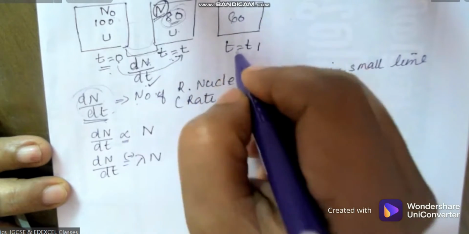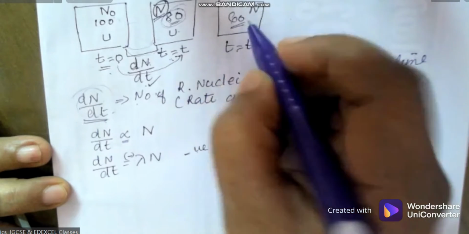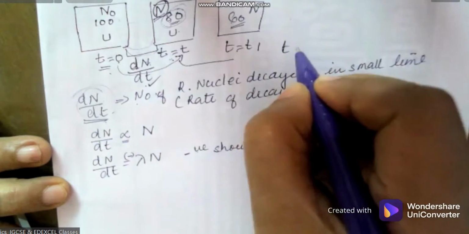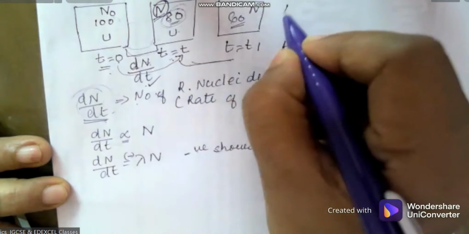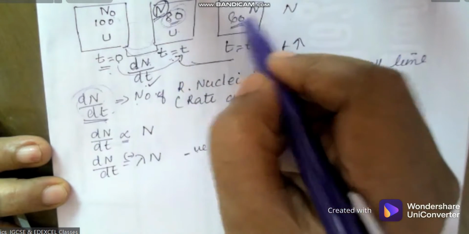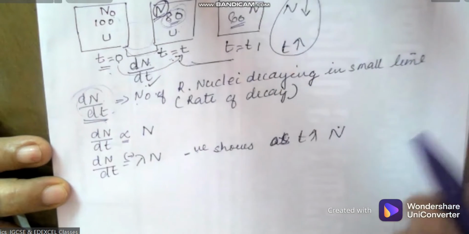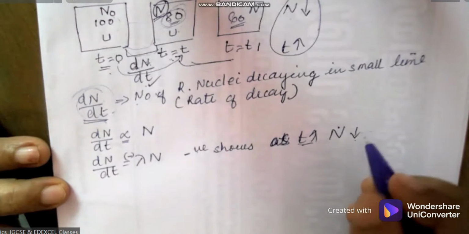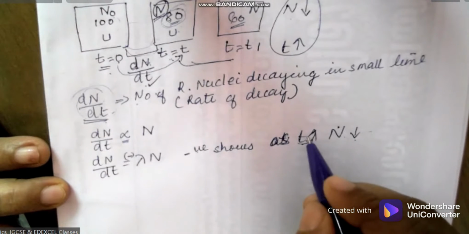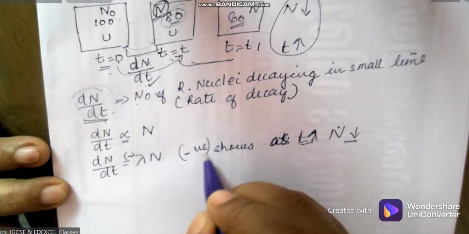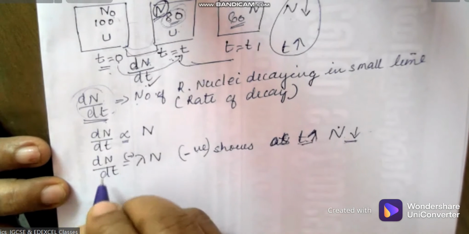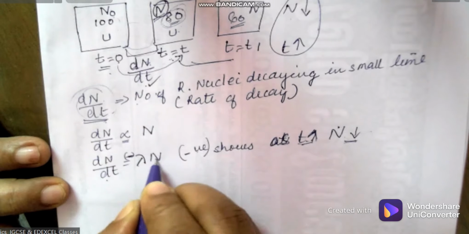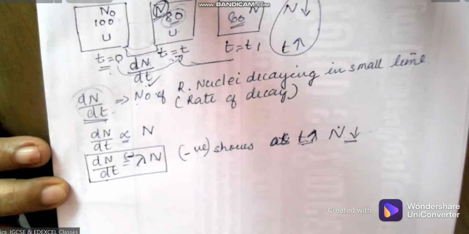N was 80, and as time increased, N decreased. So as time increases, the number of undecayed atoms decreases. Since one increases, the other decreases, that's why you have a negative sign. So dN by dt is equal to negative of lambda N. This is the rate of decay, or the decay equation.